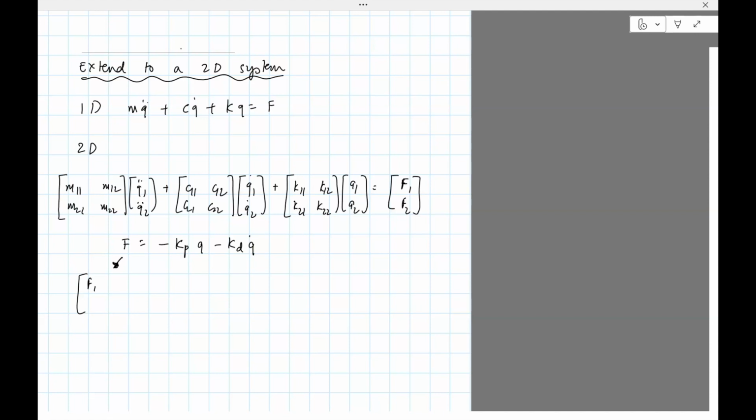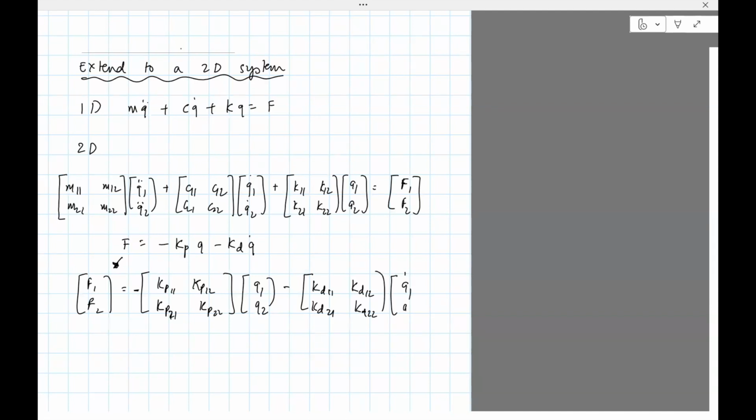I'm just expanding this: F equals minus KP11, KP12, KP21, KP22, times Q1, Q2, minus KD11, KD12, KD21, KD22, times Q1 dot, Q2 dot.